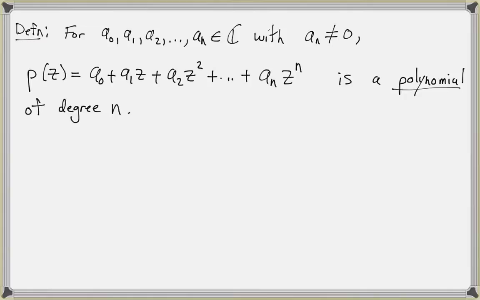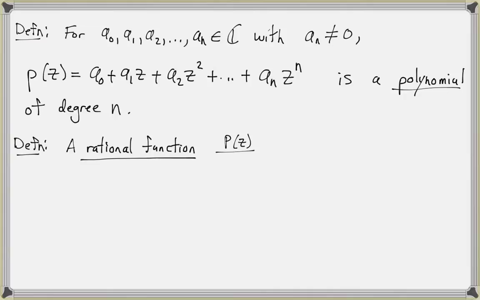When we take a quotient of polynomials, we get a rational function. A rational function P of z divided by Q of z is a quotient of polynomials P of z and Q of z.